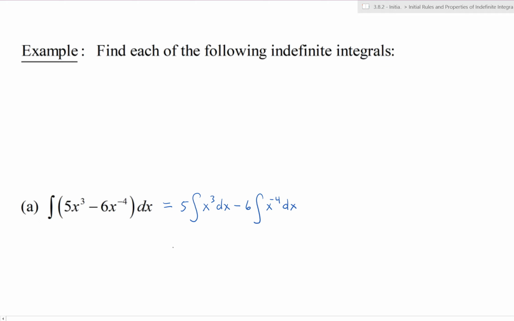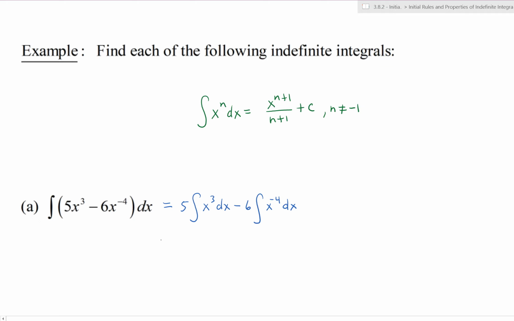Now it comes time for the integration process. Now remember, right above, what did we have? The general power rule that we had just written down, which was the integral of x to the n with respect to x is x to the n plus 1 over n plus 1 plus that constant, assuming that n is not equal to negative 1. And so we're going to apply that rule now to both of these integrals.